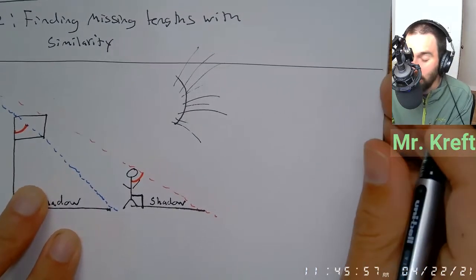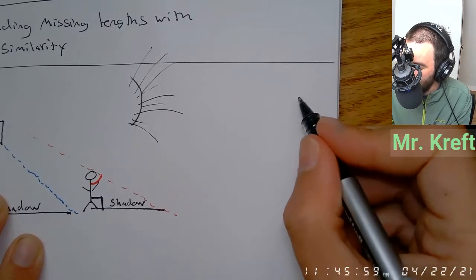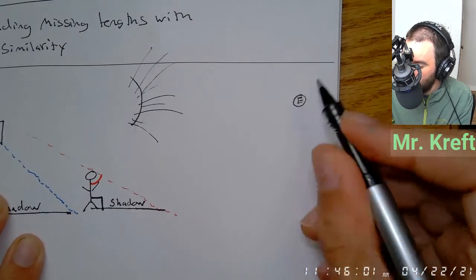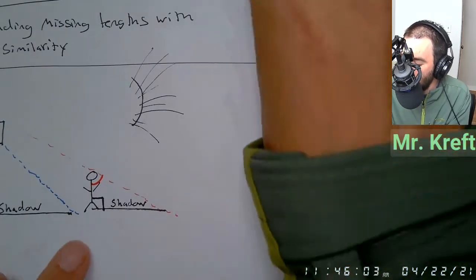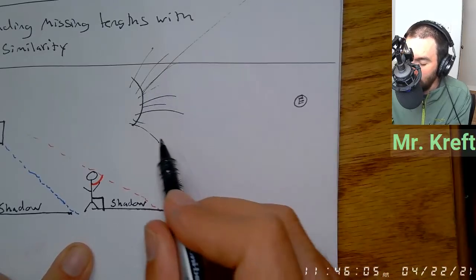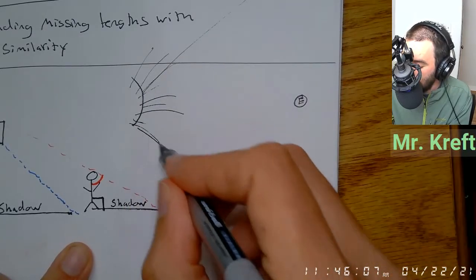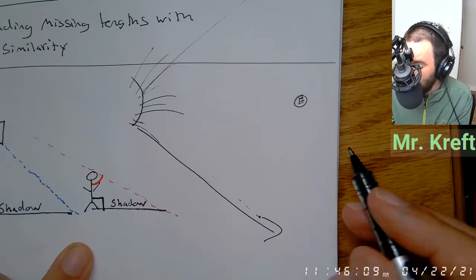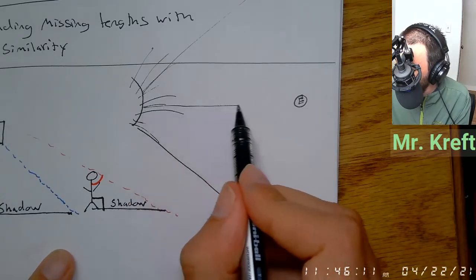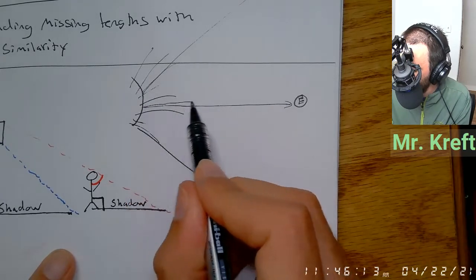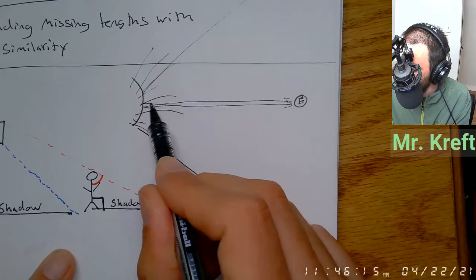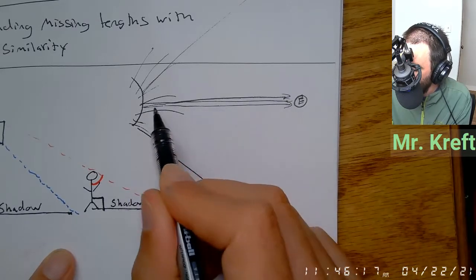But then if you go really, really far away, so here's Earth, notice how these beams down here, they don't even hit the Earth, right? In fact, there's only very, very few that do hit the Earth.